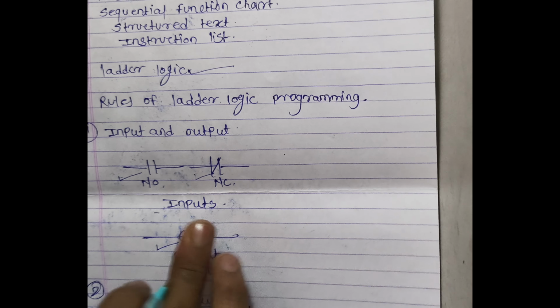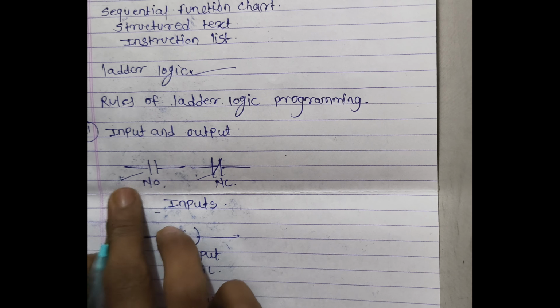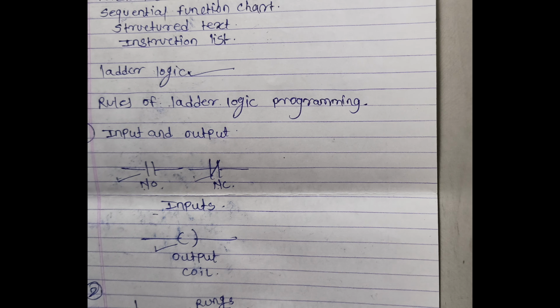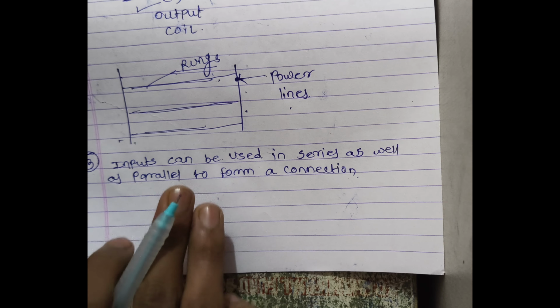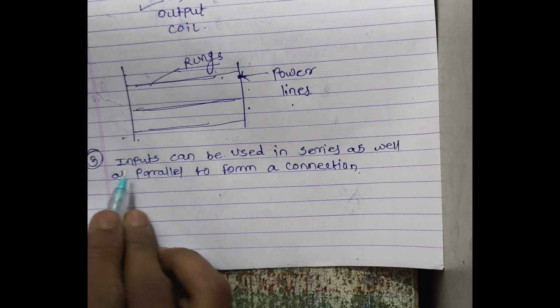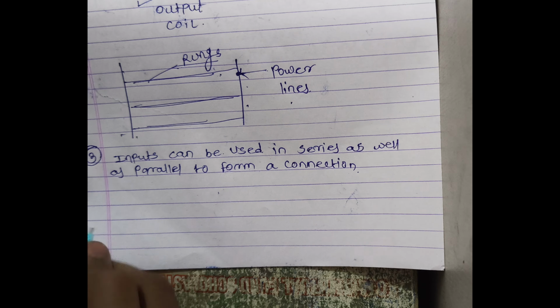Like inputs, you can see here, these are our two inputs, the NO contact and the second will be our NC contacts. The rule says that inputs can be used in series as well as parallel to form a connection.